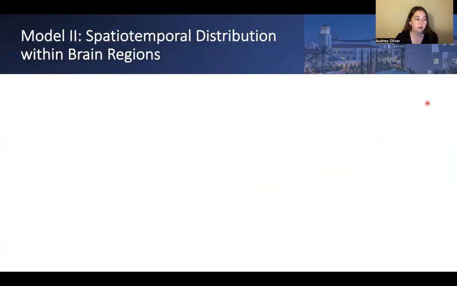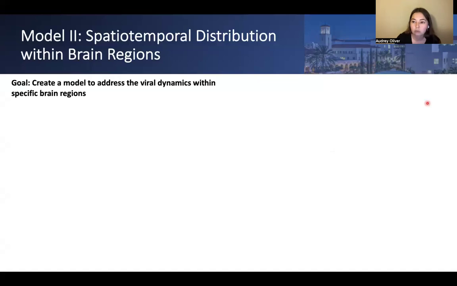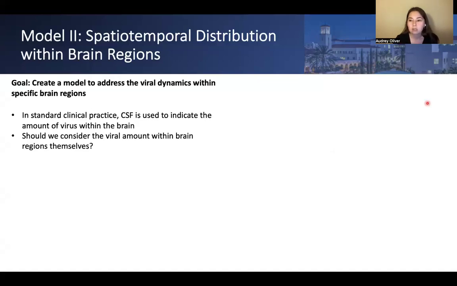So then moving on to our second model, we are now concerned with the spatiotemporal distribution of HIV within brain regions. In standard clinical practice, cerebrospinal fluid, or CSF, is used to indicate the amount of virus within the brain, but we're now concerned with whether we should look at the viral amount within regions of the brain themselves.